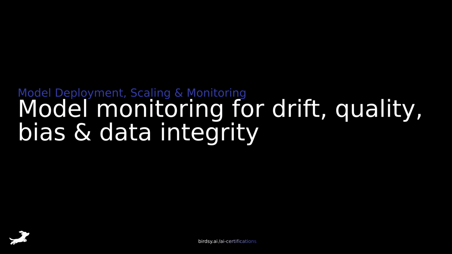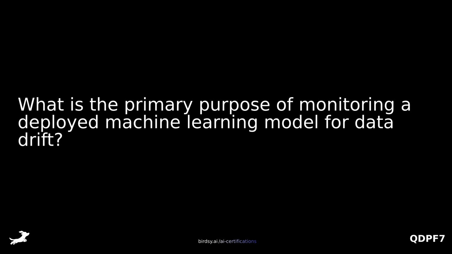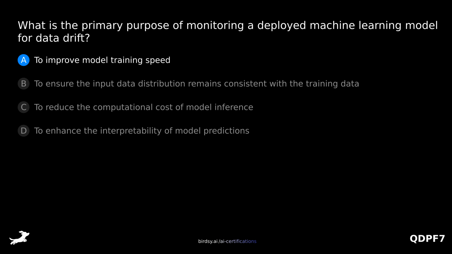Model monitoring for drift, quality, bias, and data integrity. What is the primary purpose of monitoring a deployed machine learning model for data drift? Is it A, to improve model training speed, B, to ensure the input data distribution remains consistent with the training data, C, to reduce the computational cost of model inference, or D, to enhance the interpretability of model predictions?